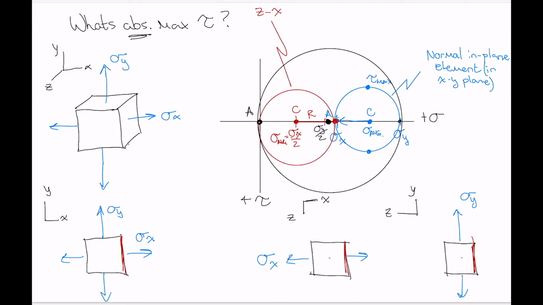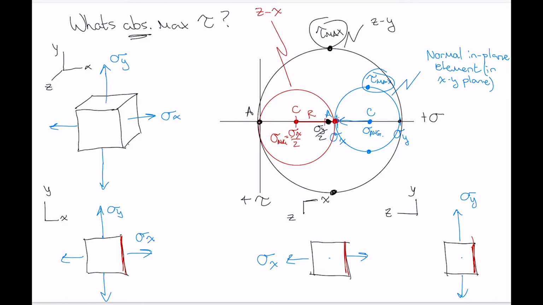And then here we have the ZY plane. And what you can see is that for the ZY plane, if we draw more circle there, we have a much greater shear stress than we had for our normal in-plane element.